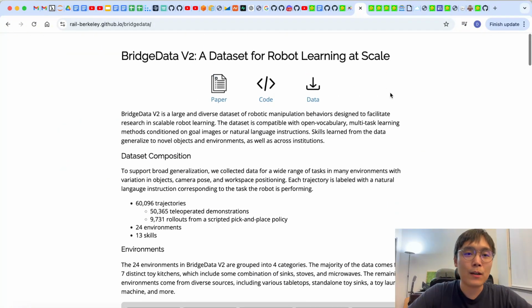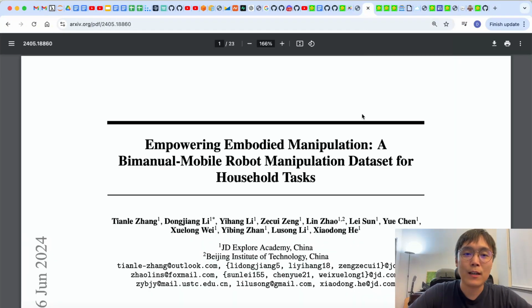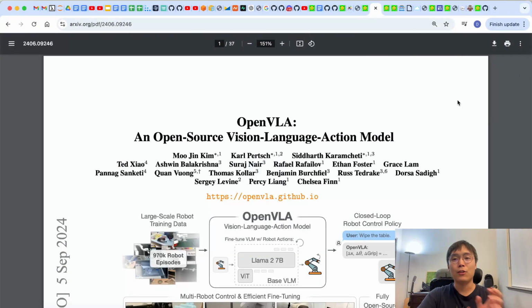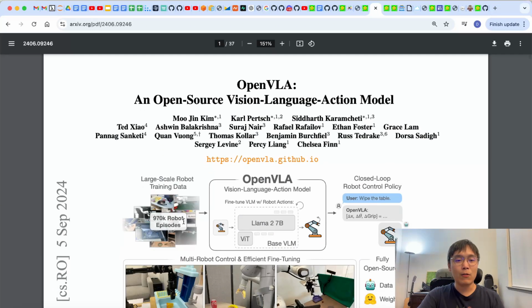This is another work, Bridge Data, similar, with some household tasks by a manipulator robot. And then people started to try to leverage these big data sets to train somewhat generalist models. Like OpenVLA, you see that almost 1 million robot episodes, and then you train some LLM with the ViT.